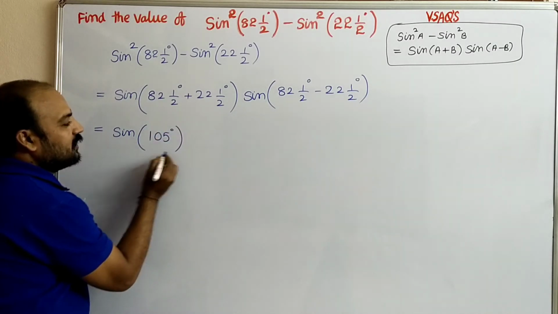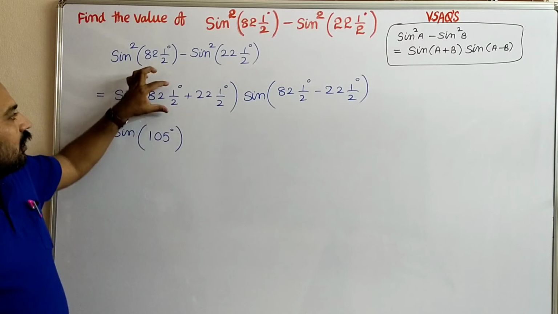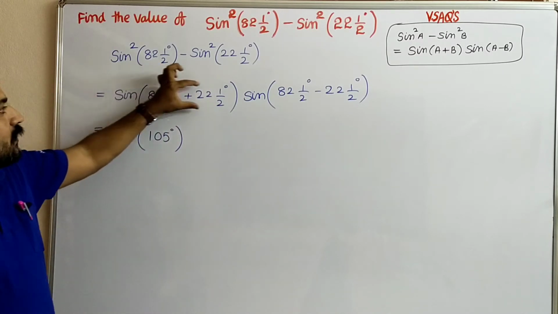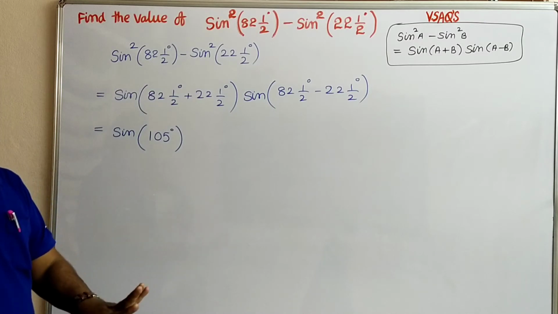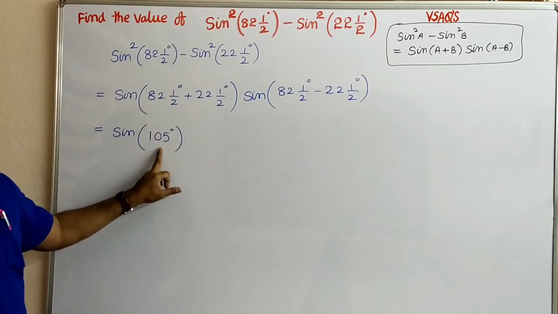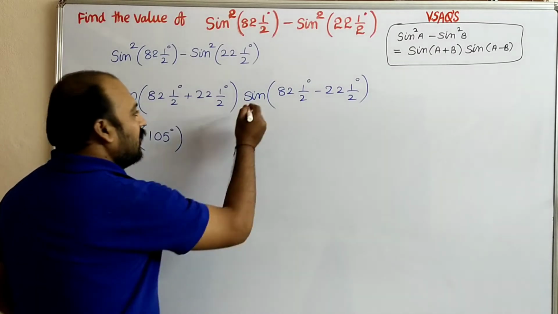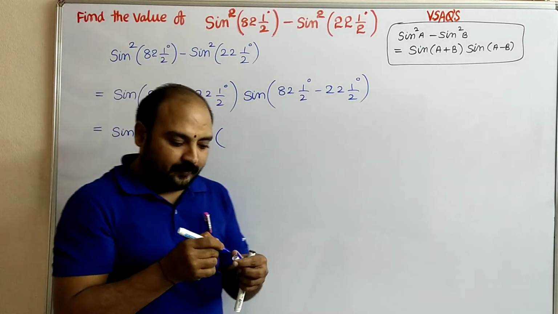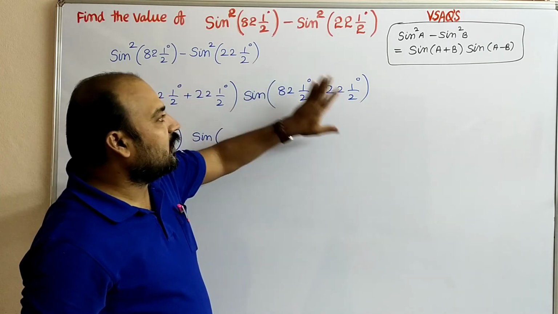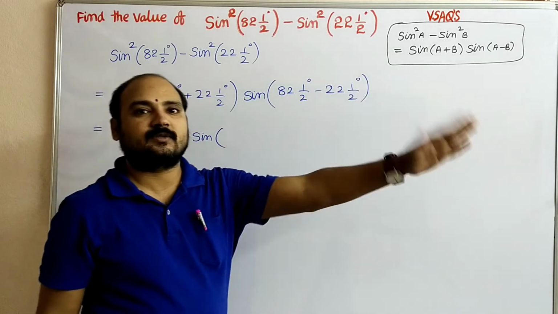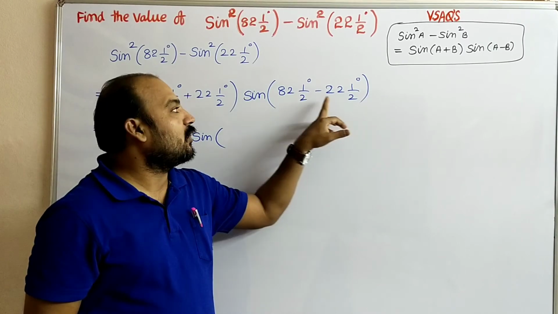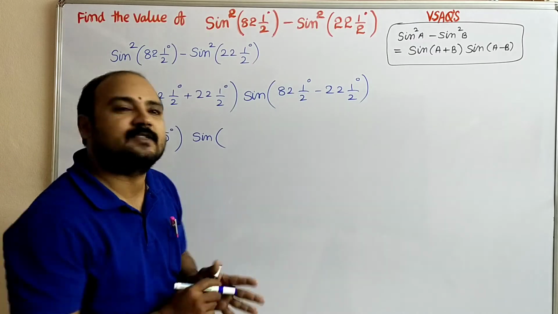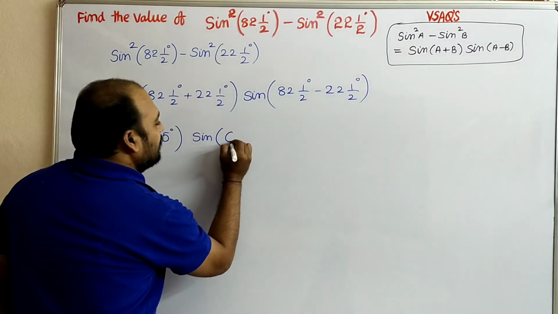Once again I repeat, half degree plus half degree is 1 degree, 82 plus 22 is 104, so 104 plus 1 degree is 105. And in sine of the difference, whenever we are subtracting, the half degree is there in both, so we can cancel it. After that, 82 minus 22 is 60 degrees. Therefore, sine 60.